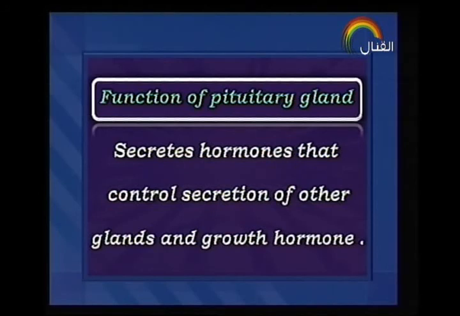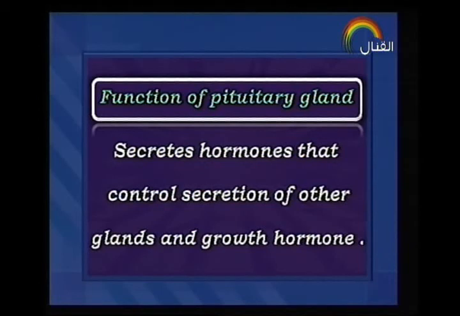Pituitary gland has an important role of secreting growth hormone, which is responsible for development and growing of our body. The hypersecretion of pituitary gland during childhood causes a disease, which is what? Just gigantism. But in adults, it causes something called acromegaly.